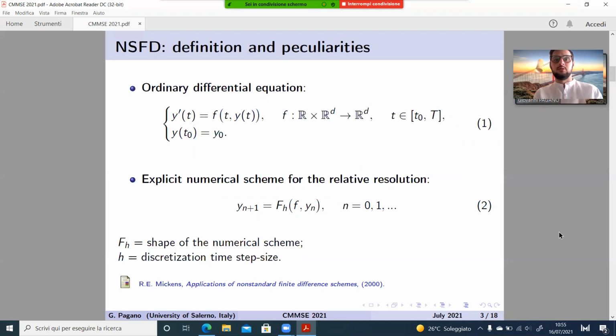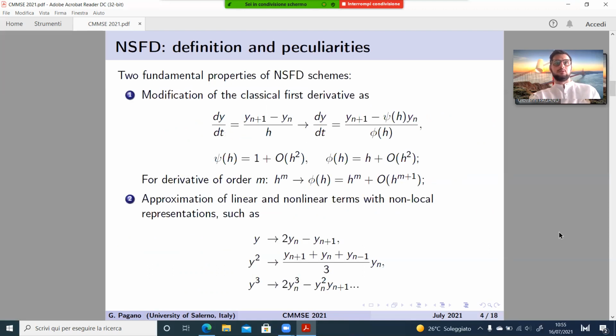Here h is the discretization step size of the ordinary differential equation we want to solve numerically. So this is the shape of a non-standard scheme, an explicit scheme in general, equation number 2.